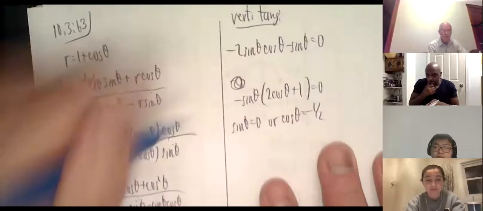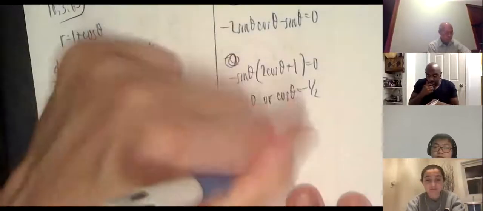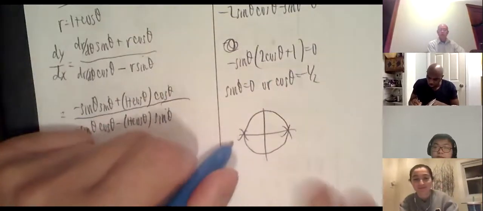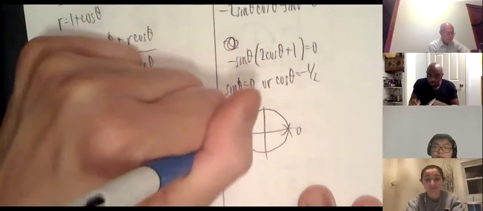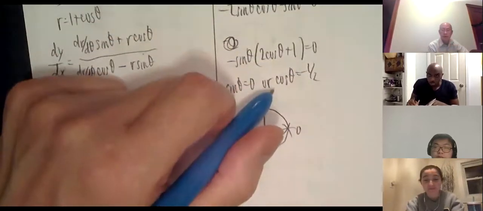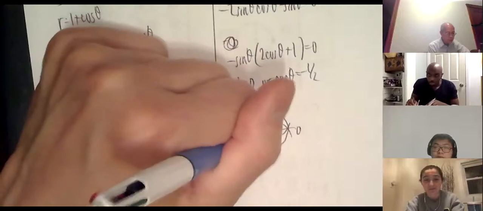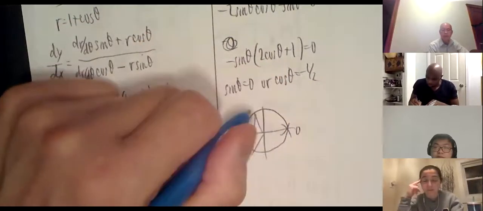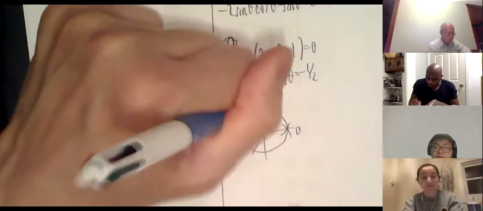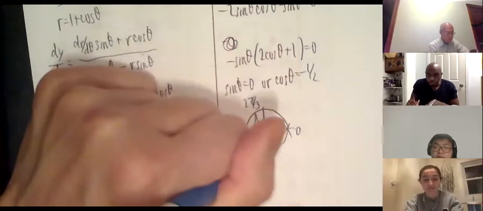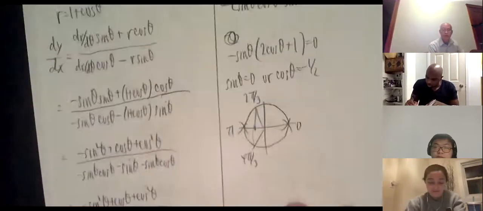Sine of theta equals 0, or cosine theta is negative 1/2. Unit circle, sine of what angle is 0? 0 and pi. Cosine of theta is negative 1/2. X coordinate is negative 1/2. That angle and that angle: 120 degrees, 2 pi over 3, and 4 pi over 3.